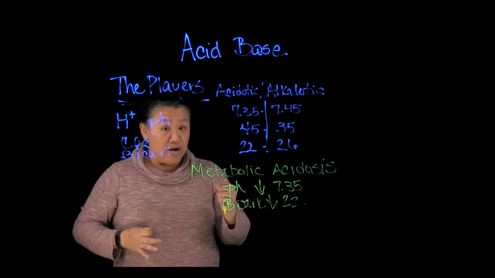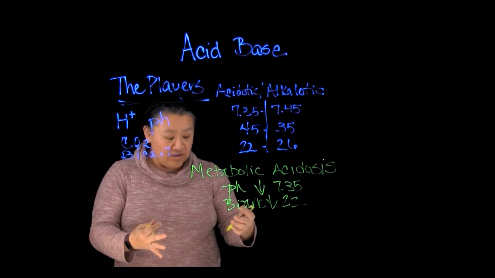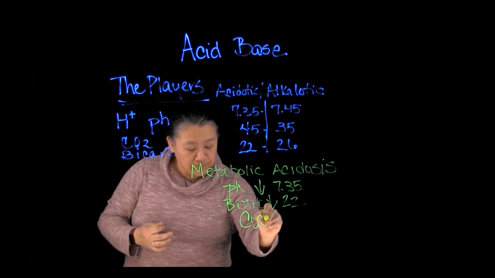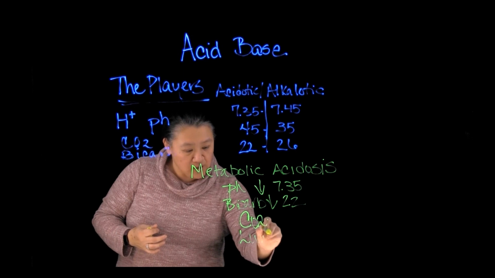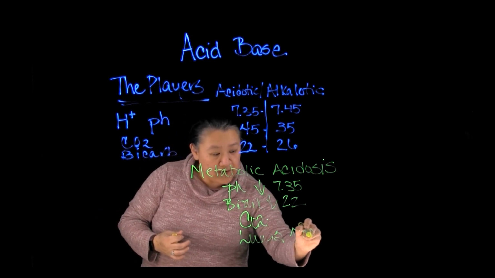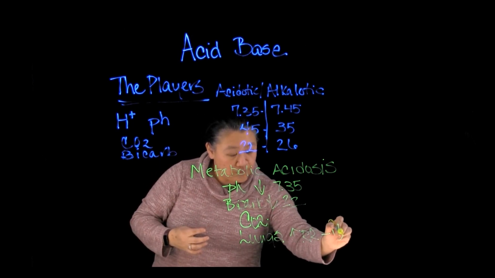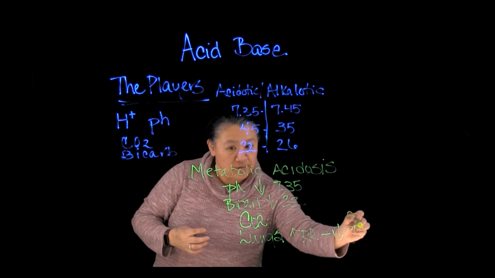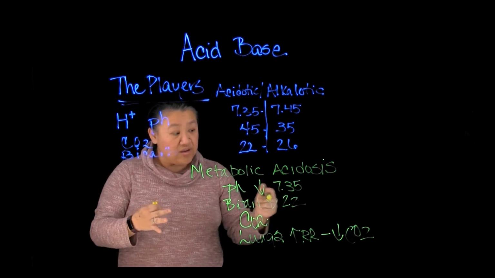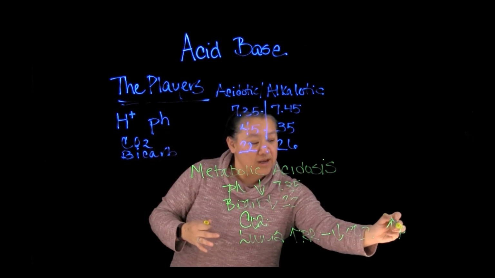So you have to think about what the lungs need to do in order to get rid of acid. With your CO2, the lungs would need to increase the respiratory rate because you have to blow off the CO2 in order to decrease CO2, to get rid of the acid. And by getting rid of the CO2, you will bump the pH back up.